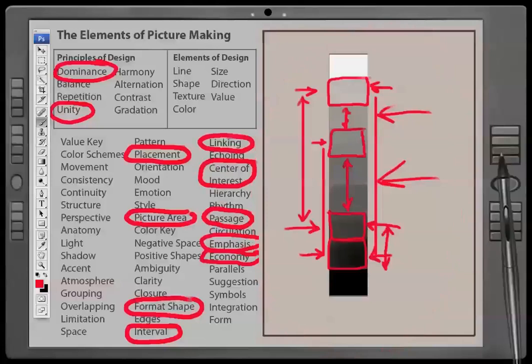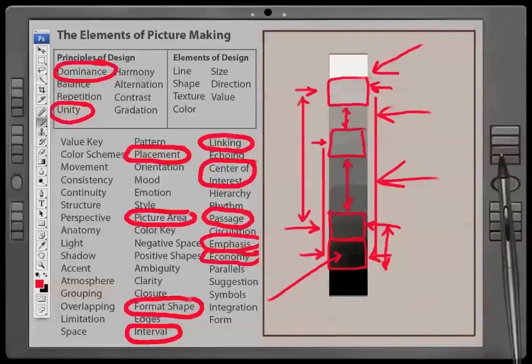So I have a total of 6 different degrees of value contrasts. Those values that are near each other, such as these two, create the weakest value contrast, while this value here and this one down here create the strongest value contrasts.